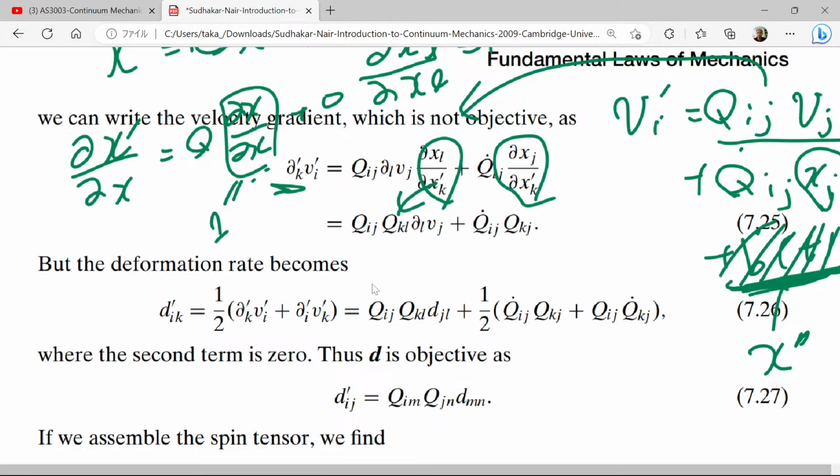Okay. This one also I have to work out. Let me see. I don't know if I can.